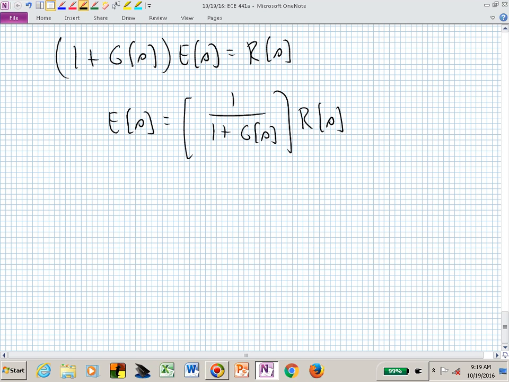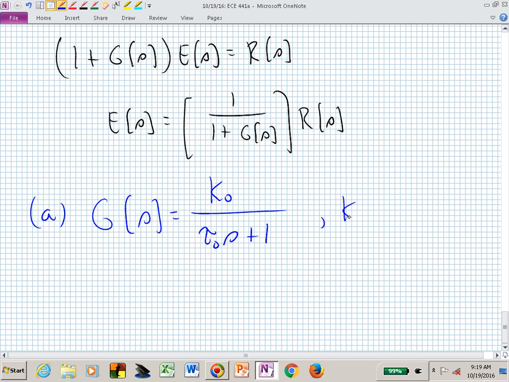And let's now look at what happens to this error for different possible plants, G. For example, let's say that we have our A system, which from a previous lecture, G of s was k sub 0 over tau sub 0 s plus 1.